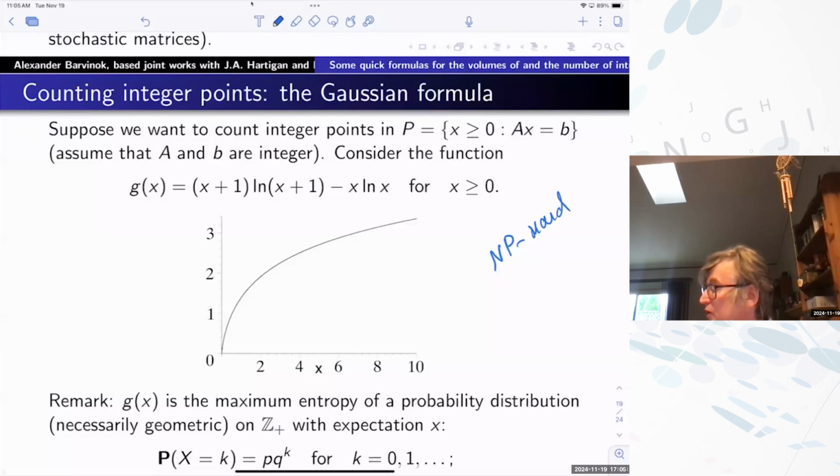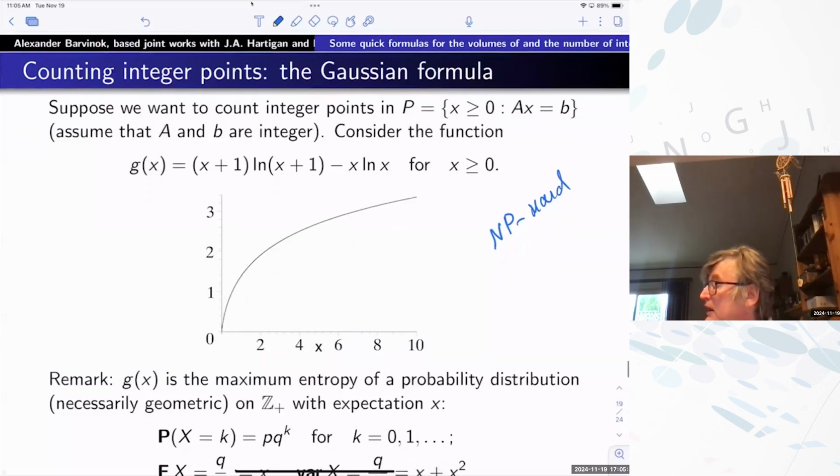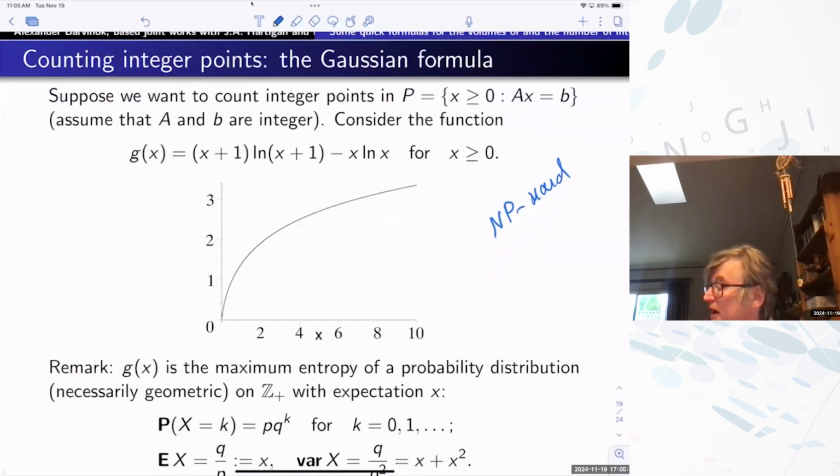So we cannot hope to get as far as, for example, we got with volumes, but still we can do something. So this time, instead of the sum of logs, we consider this interesting function.